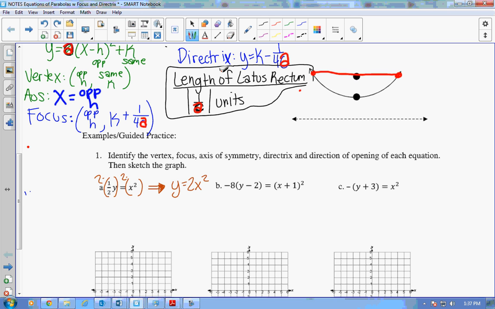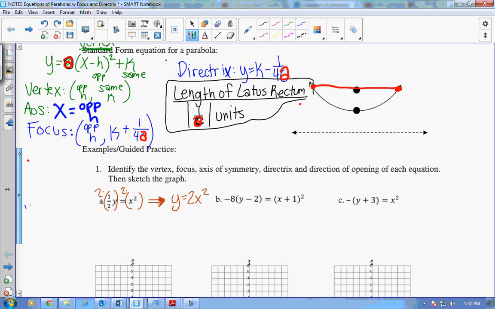Now we should be able to see the vertex. The vertex comes from whatever number is being added or subtracted to the x within the parentheses. We do the opposite of that, plus the same of whatever number is after the square. So what number is contained within the parentheses being added or subtracted to the x? 0. Do you see parentheses?